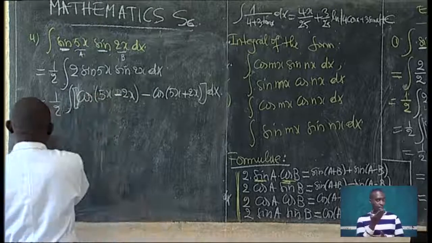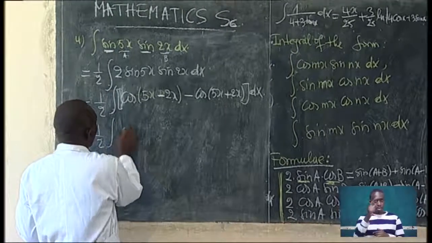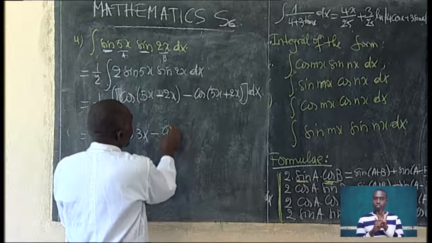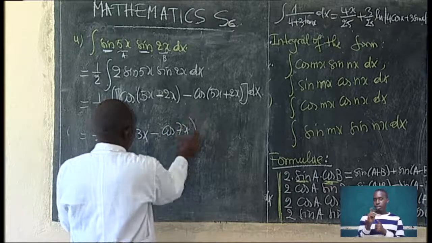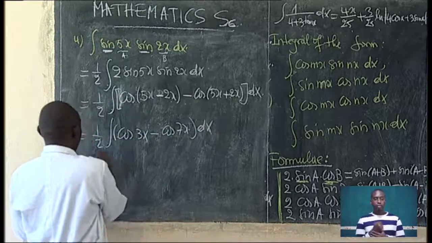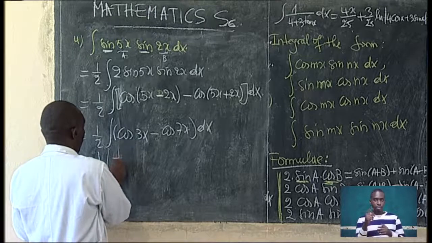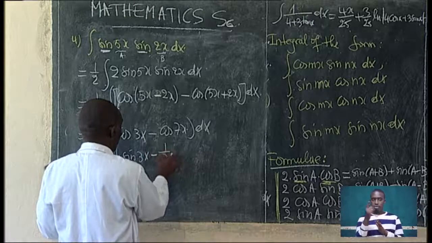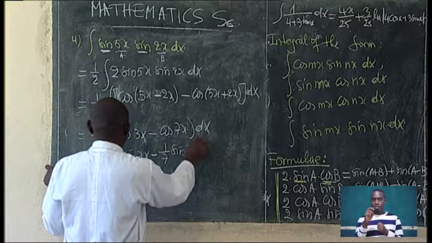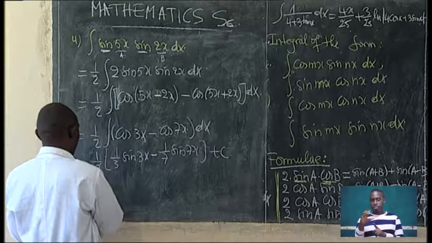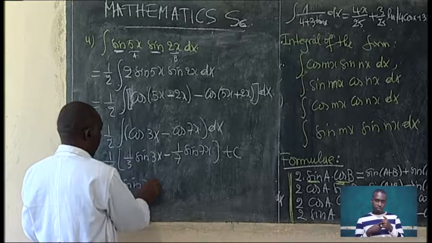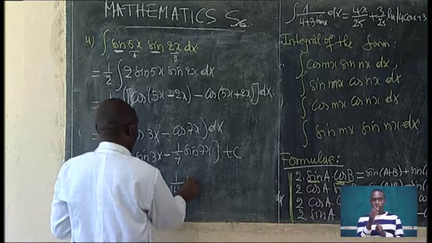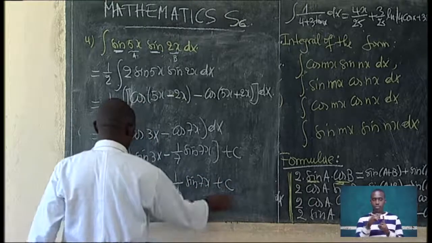So this is a half integral of cosine of 3x minus cosine of 7x dx. So this is a half times 1 over 3 sine of 3x minus 1 over 7 sine of 7x plus c, to get 1 over 6 sine of 3x minus 1 over 14 sine of 7x plus c.